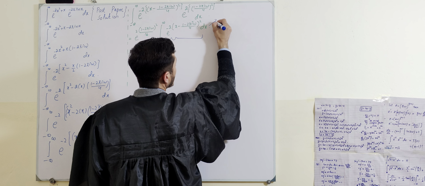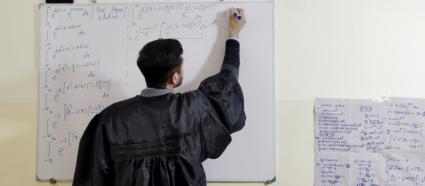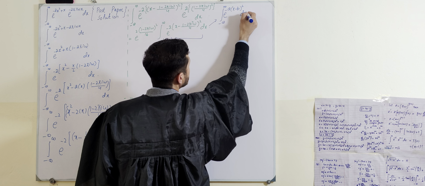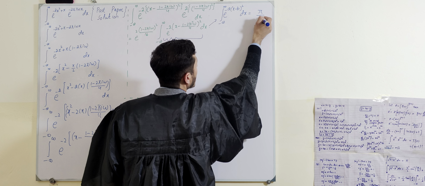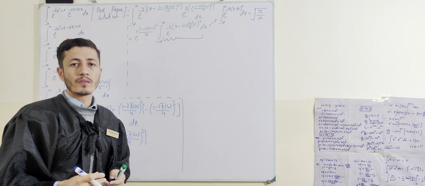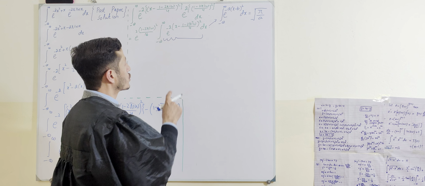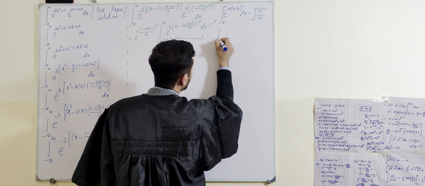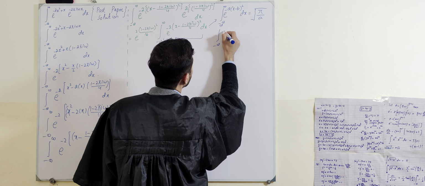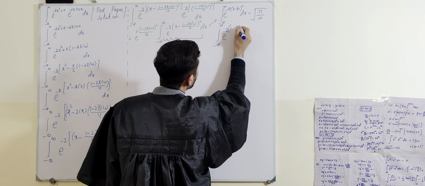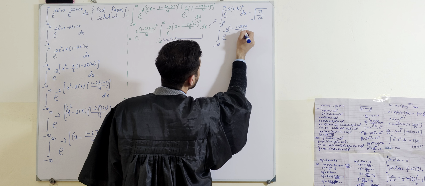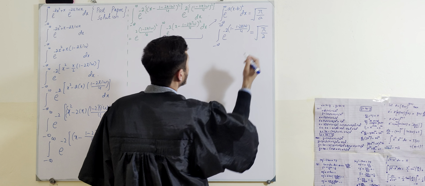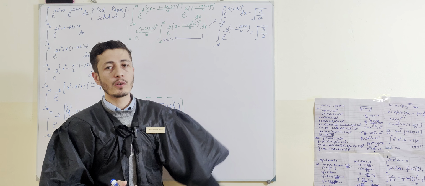Our first video is based on the integral from minus infinity to infinity of e^(-a(x - b)²) dx, which is equal to the square root of π/a. Here a is 2 and b is (1 - 2πiω)/4. So the whole integral is equal to the square root of π/2.